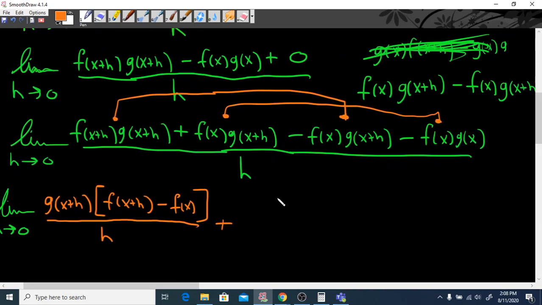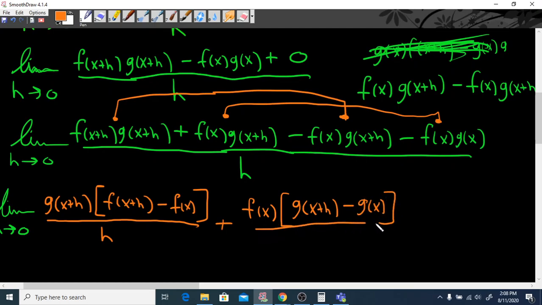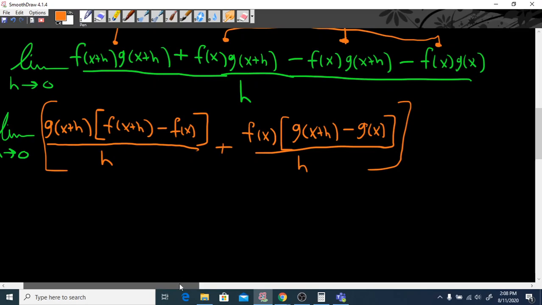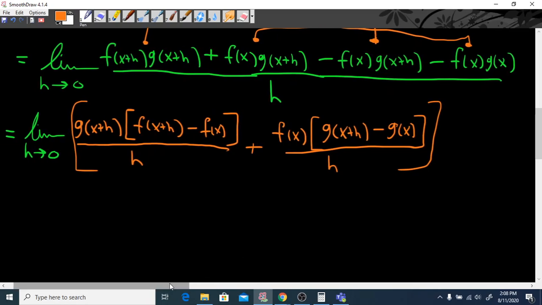Term 2 and 4 both contain f of x. If I factor f of x, I'm left with g at x plus h minus g of x, and then over h. h is dividing everything. Okay, good. Everything's good.